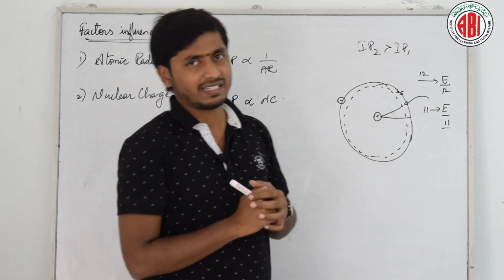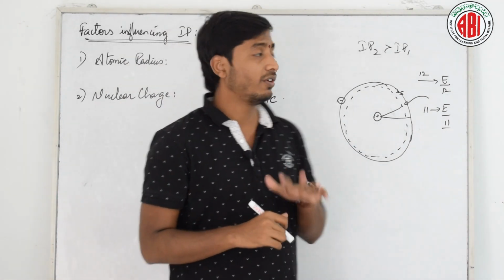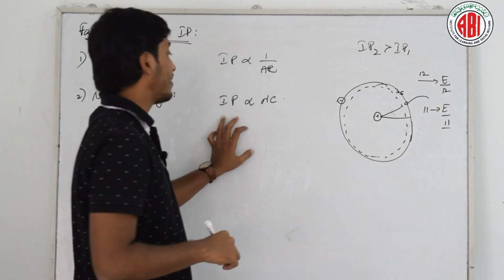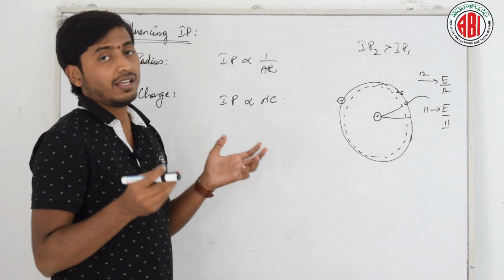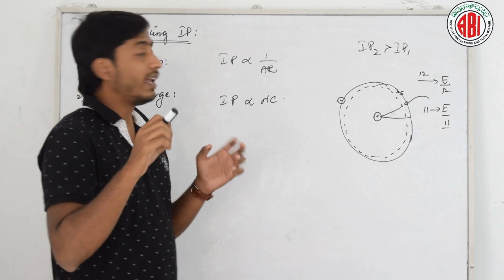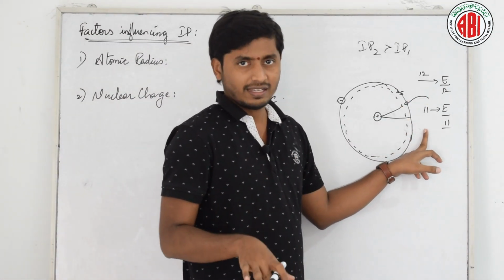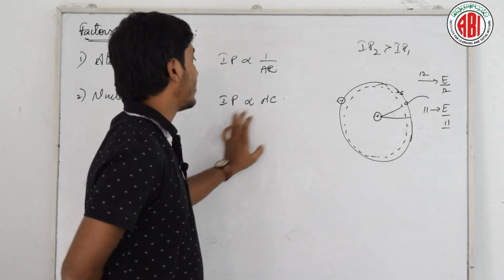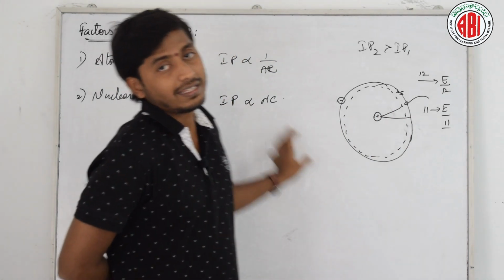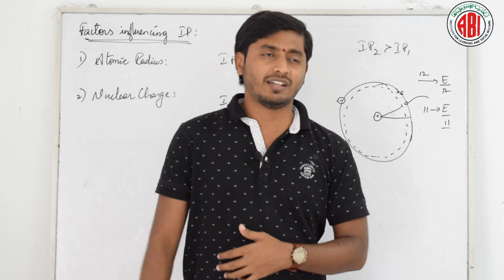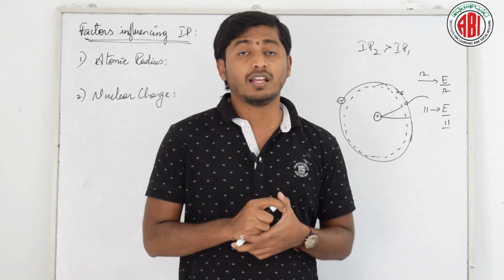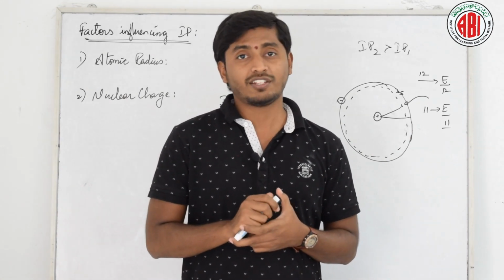Which means as the effective nuclear charge increases, the minimum energy required to remove the electron also increases. Which means as IP increases, nuclear charge also increases. Fine. These are the two basic factors which influence the ionization potential.